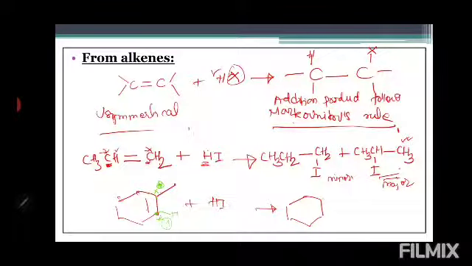Here the hydrogen is more, so one more hydrogen comes to this carbon, and this is your methyl group, and on the other side comes I. We can also write it this way, without showing hydrogen: one carbon has CH3 and the other has I. So 1-iodo-1-methylcyclohexane is the product. Okay? So in Markovnikov's rule, hydrogen will go to that carbon which contains the maximum number of hydrogen atoms.